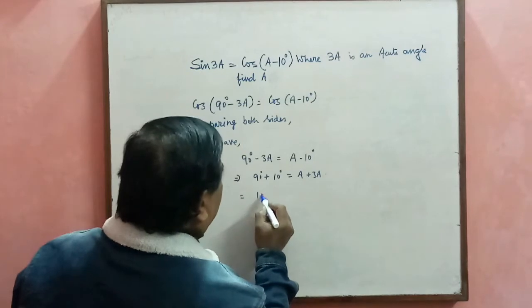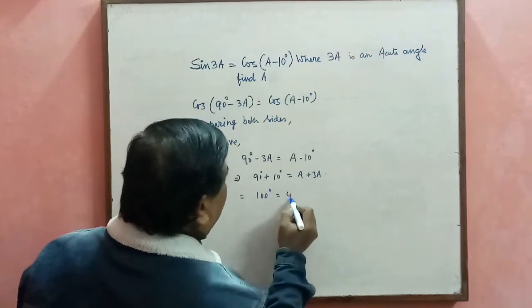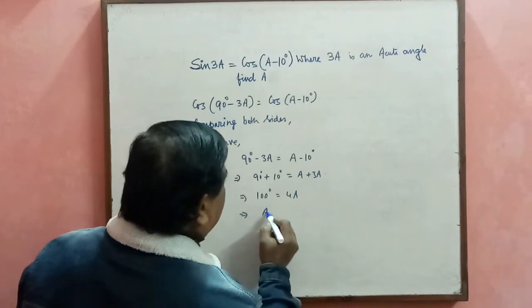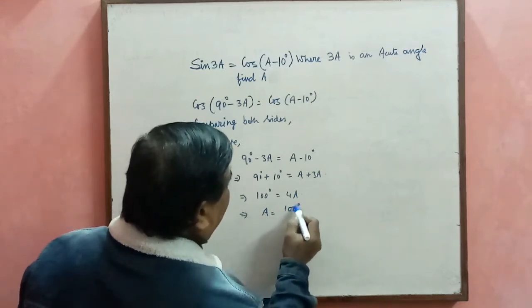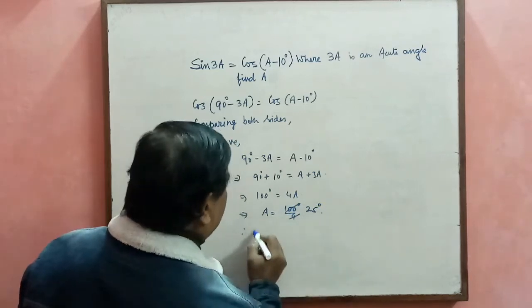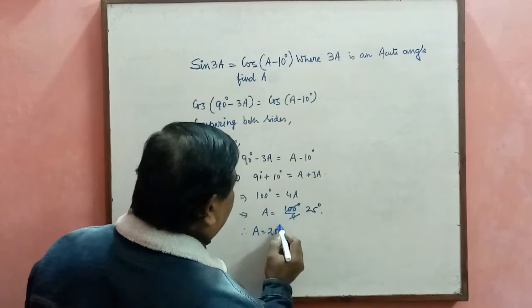This is 100 degree, this is 4a, or a is equal to 100 degree upon 4, this is 25 degree. So the answer is a is equal to 25 degree.